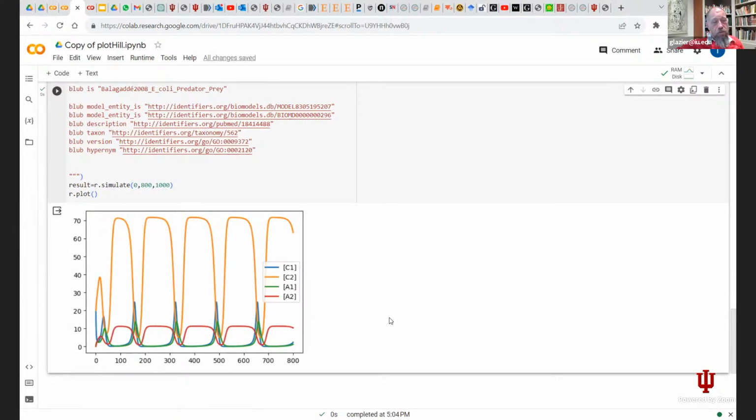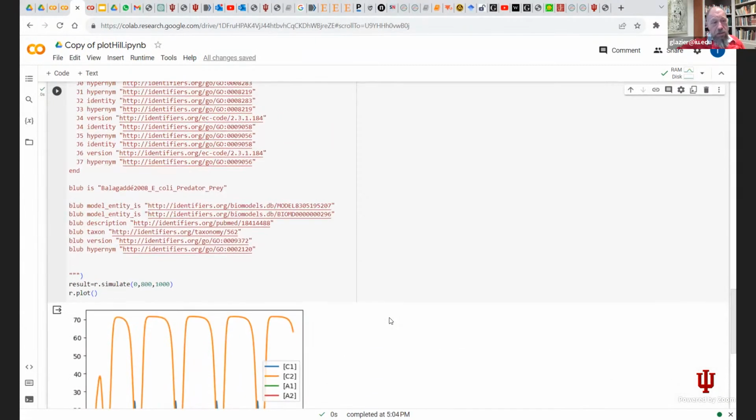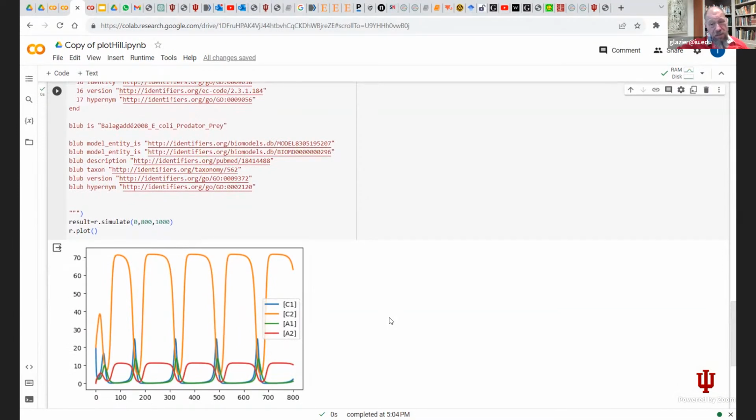You asked a question about some of these annotations. And again, SBML is big on annotation. Antimony has some support for this. So one issue in biology is that terminology is often ambiguous. You'll say something like cancer or breast cancer. Well, there are many kinds of breast cancer.